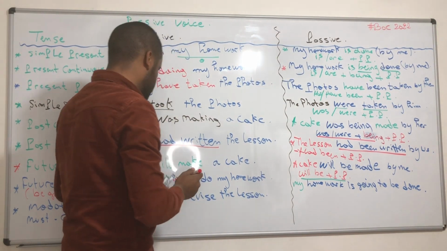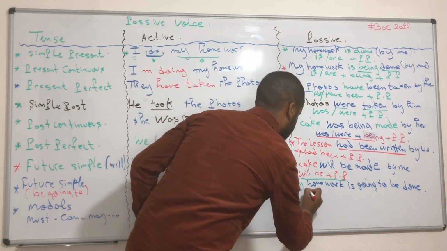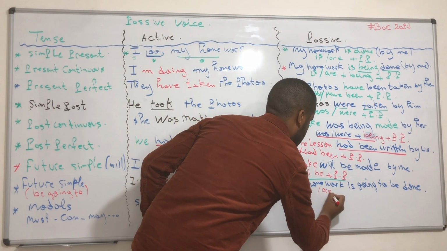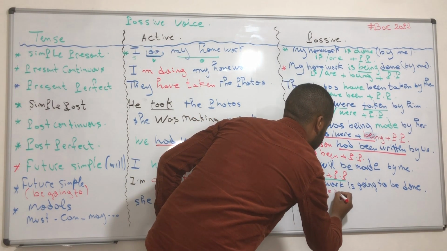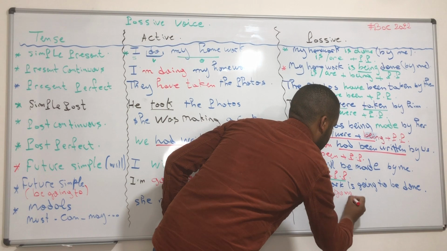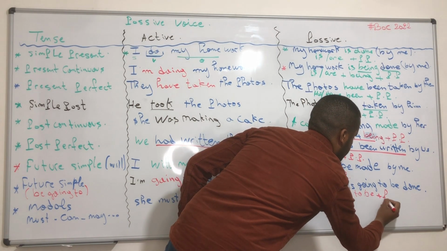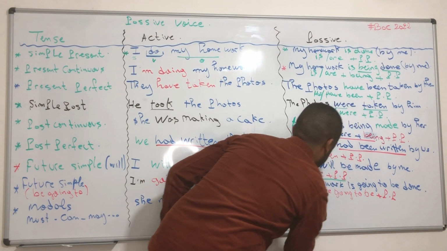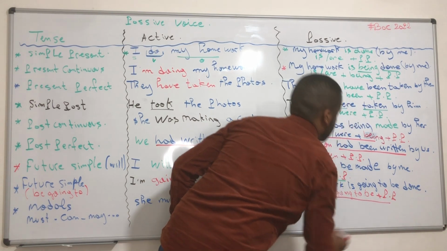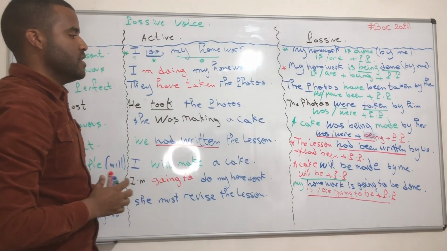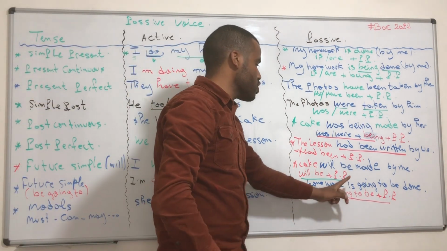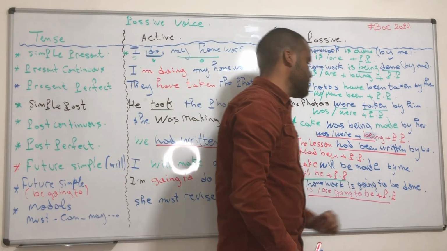Okay, means the rule that we did is is or are and going to, so going to be plus the past participle of the verb. So we have my homework is going to be done by me.